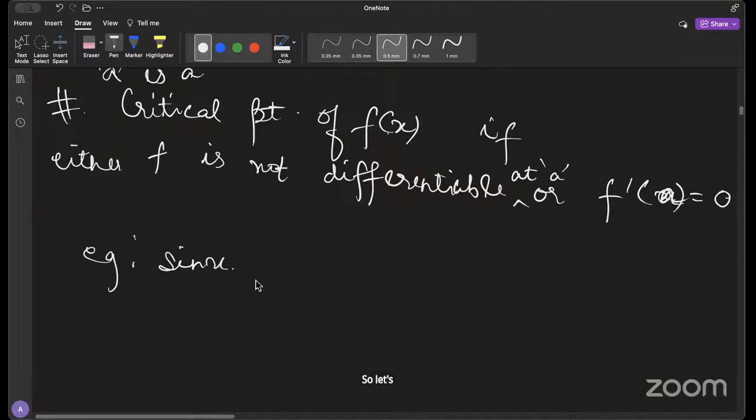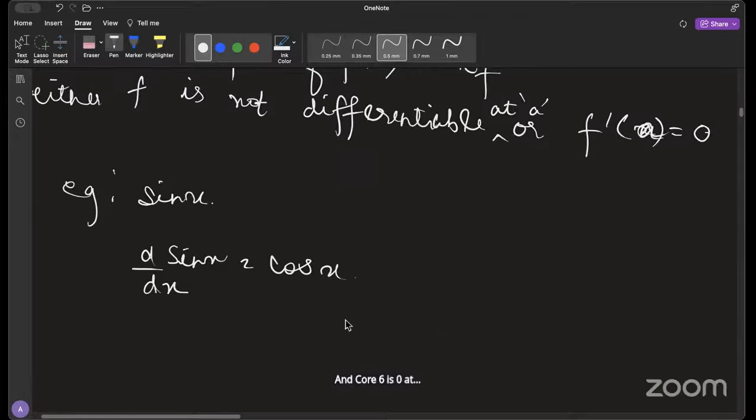So let's take sin x, for example. If you take the derivative of sin x, it's cos x, and cos x is 0 at pi by 2, right?